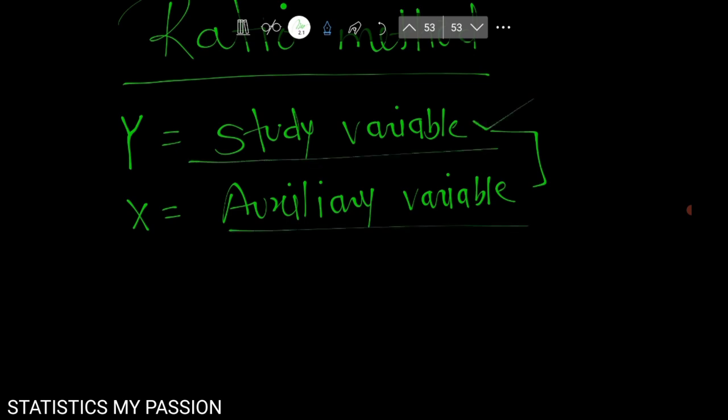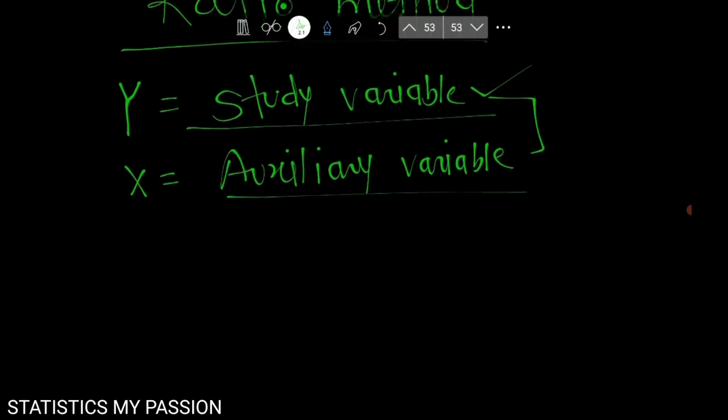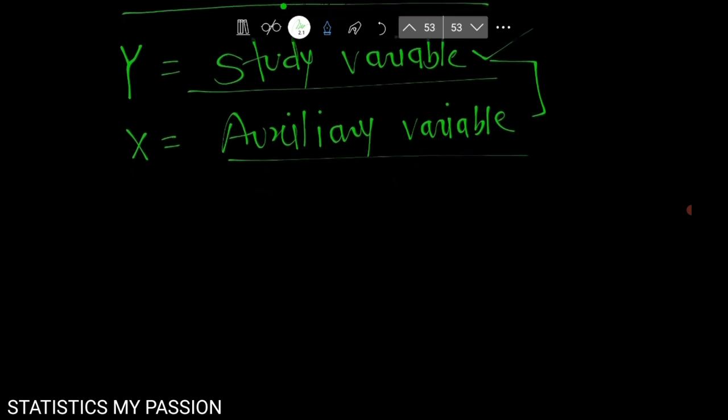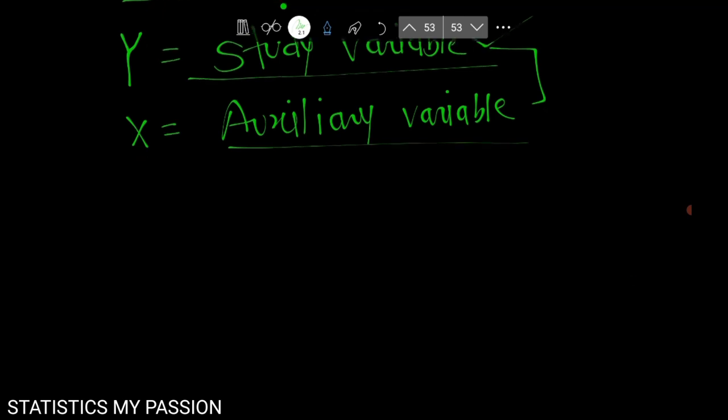The study variable is what we study in our project, and the auxiliary variable is one which is already known in advance from some earlier completed census and some earlier completed surveys. So what is the auxiliary variable?